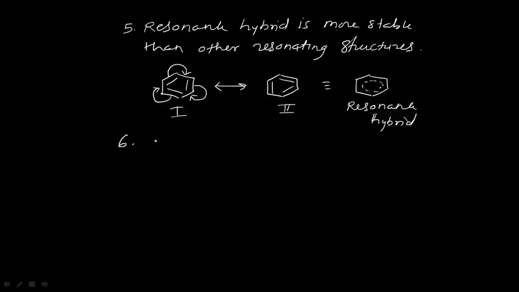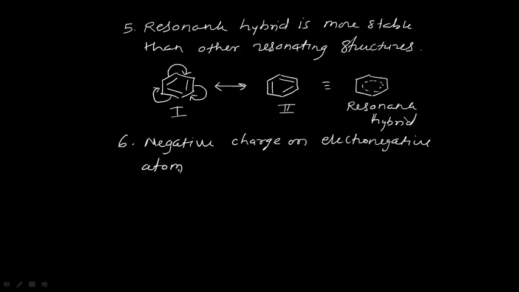When you are writing resonating structures and a structure gets a negative charge on an electronegative atom, that structure is more stable. For example, if you have acetaldehyde converted into an anion, here in this structure we have a negative charge on carbon.